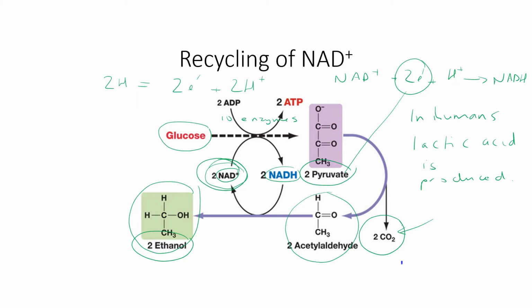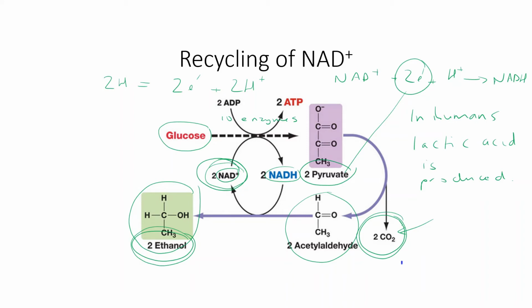So basically that's how humans deal with anaerobic respiration. In yeast, they're able to make alcohol, and as I said, this is a commercially good thing for us, because then we can make wine and beer from this reaction, and also use the carbon dioxide for helping bread rise during the baking process.